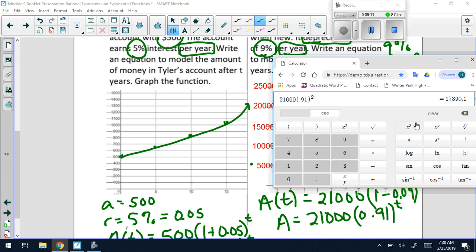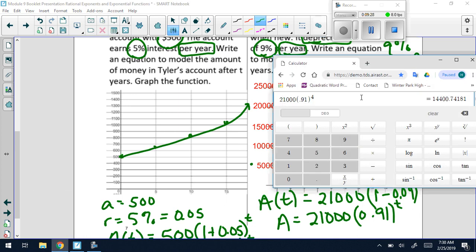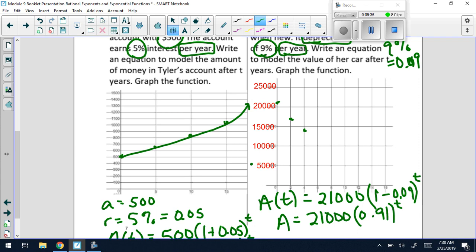And then to the 4. So I'm just plugging in some points. 14,400. So just below the 15,000. Plugging in 6. 11,900, so about 12,000.